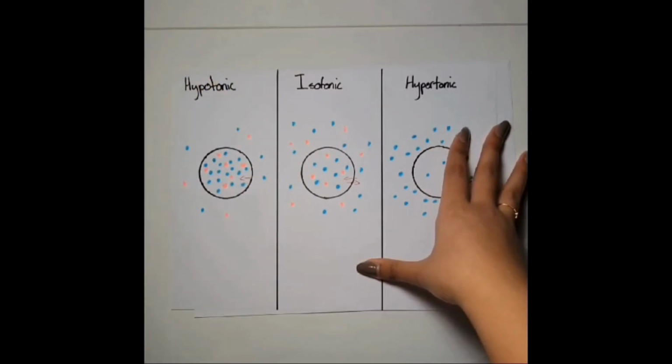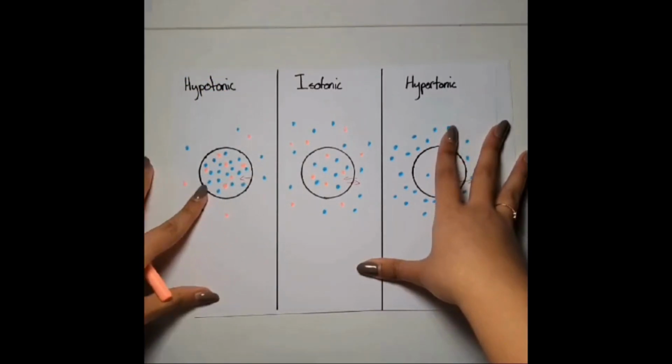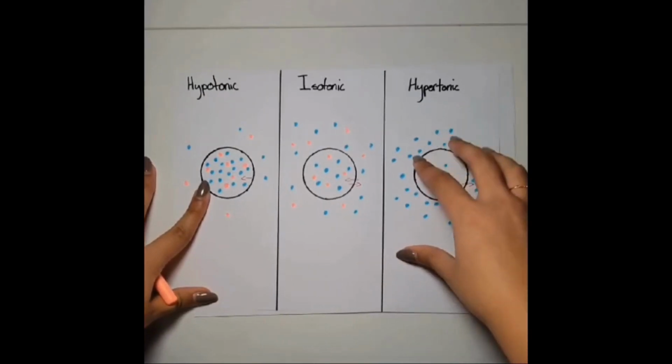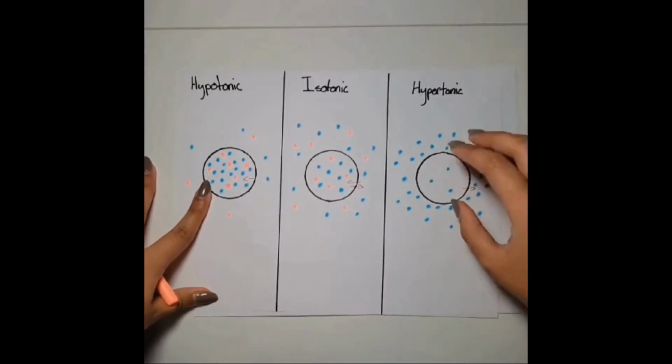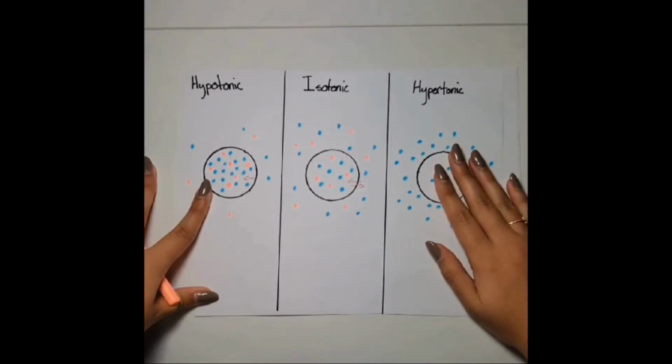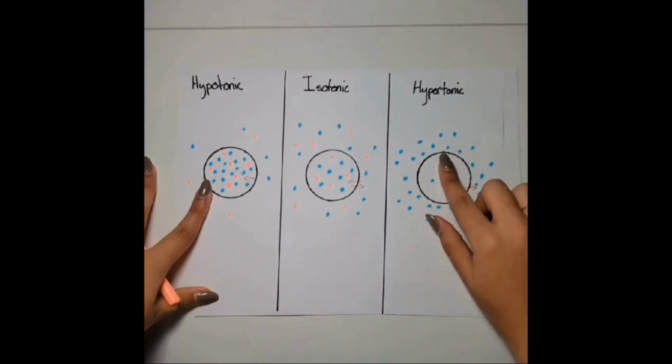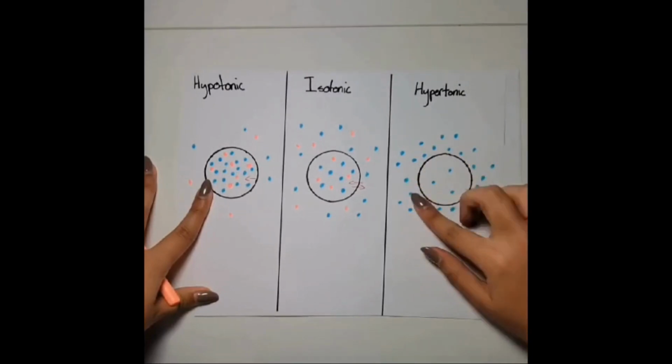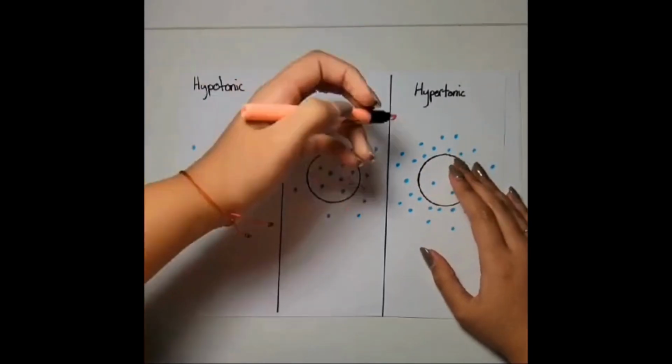And then hypertonic solutions are full of solutes and are pretty much the opposite of hypotonic solutions, where the water molecules are now moving out of the cell to be with the higher concentration of solutes in the outside environment. So in this example, it would be the solution.